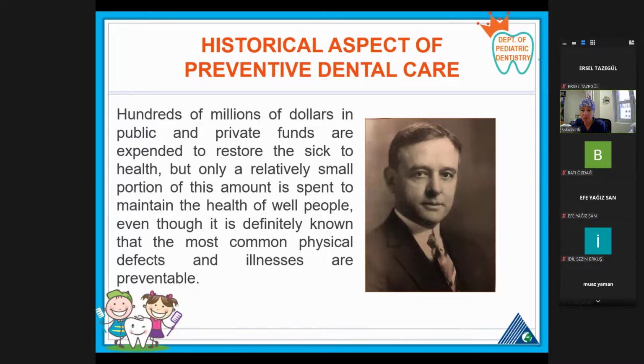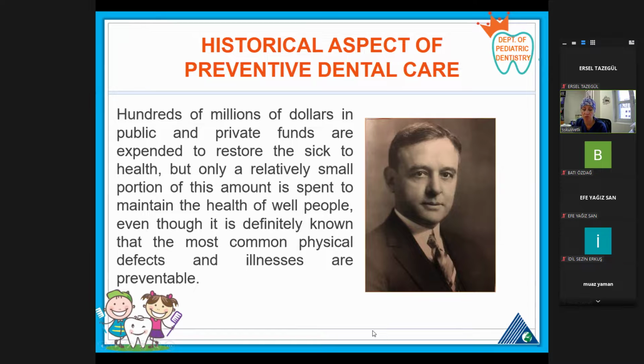Even though it is definitely known that the most common physical defects and illnesses are preventable. So this sentence was an introduction to preventive aspects, preventive point of view.